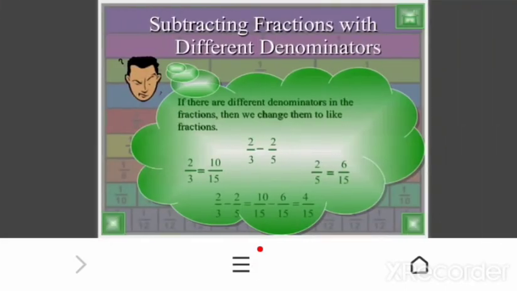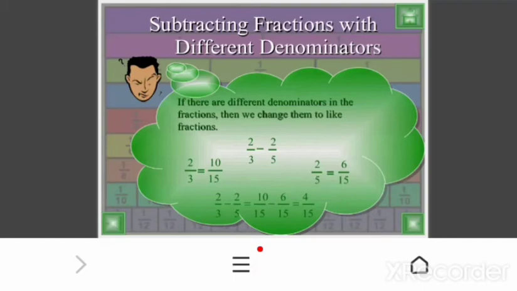Now children, let us try to understand subtracting fractions with different denominators, that is, subtraction of unlike fractions. Now children, if there are different denominators in the fractions, then what will you do? Convert them to like fractions. For example, 2/3 minus 2/5. So find the LCM of 3 and 5, which is 15, and after that convert into like fractions, that is, 2/3 will be converted to 10/15, which is an equivalent fraction of 2/3.